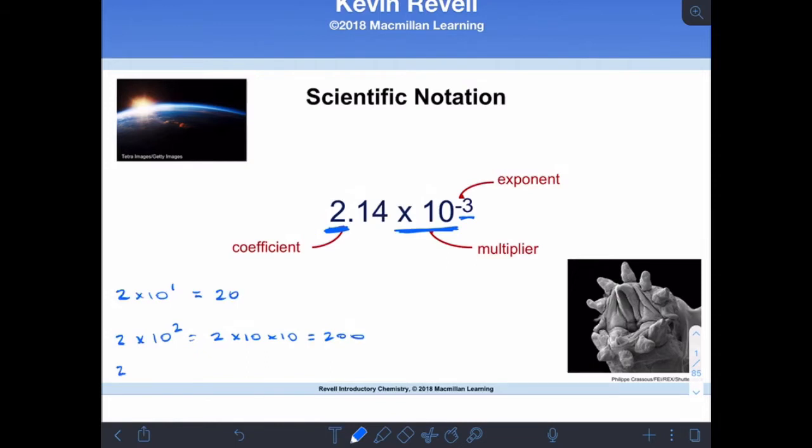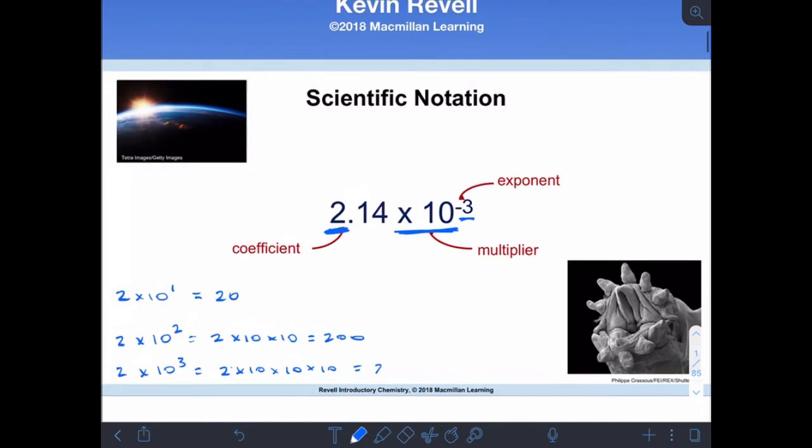If I say 2 times 10 to the 3, that's 2 times 10 times 10 times 10. 10 times 10 times 10 is 1,000, so that's the same thing as saying 2,000. Our exponent tells us how many times we use the 10.